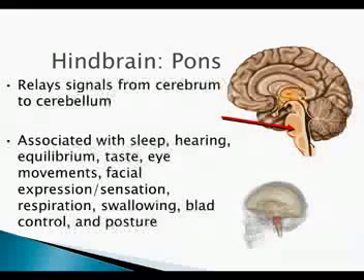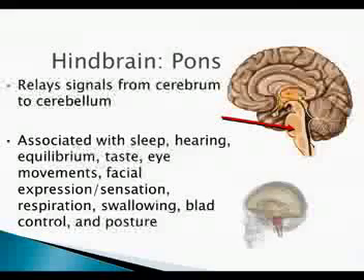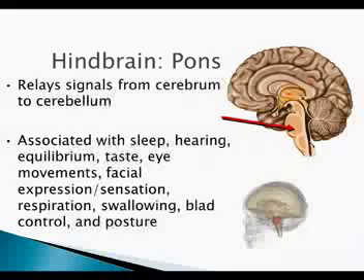Okay, so we're finally getting to the cerebellum, another structure within the hindbrain. The cerebellum is what they call the little brain. That's what cerebellum means. And it's almost like a little cerebrum. Just as the cerebrum has a left and right hemisphere, you have almost a left and right cerebellum, or cerebellar hemispheres.